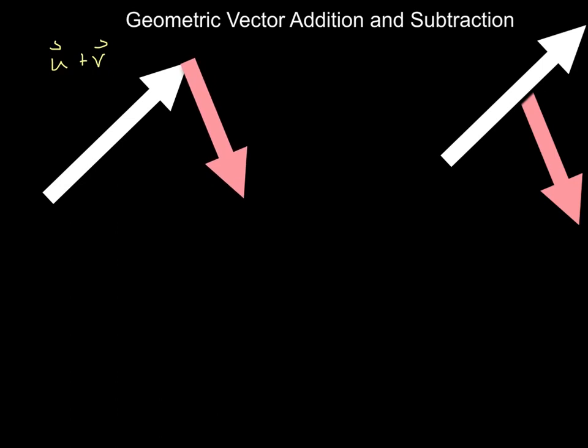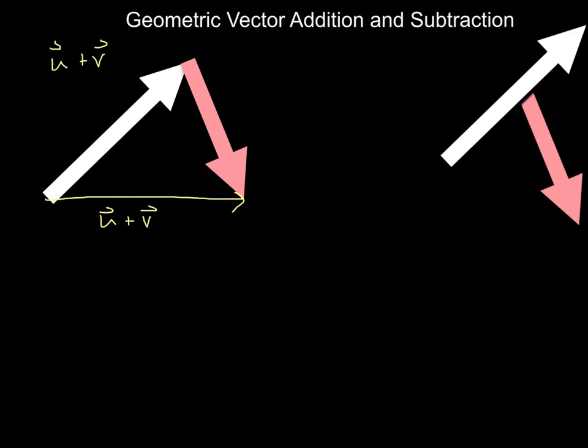And then the vector that is actually the sum of these two vectors is going to be the vector that goes from the tail of vector u to the tip of vector v. So it's going to end up being this vector right here. It starts at the tail there, it's going to go over to here, and that will be the vector u plus v.